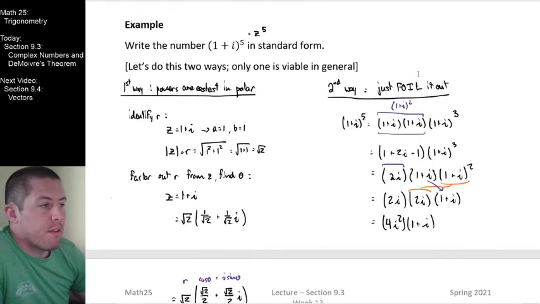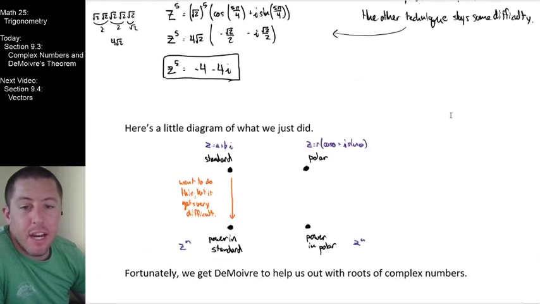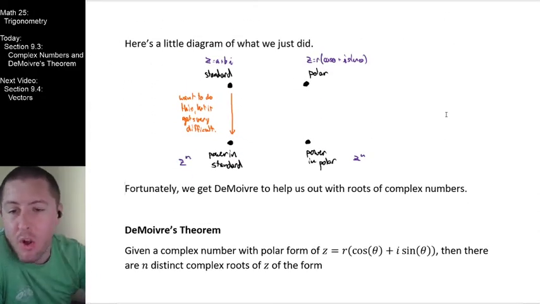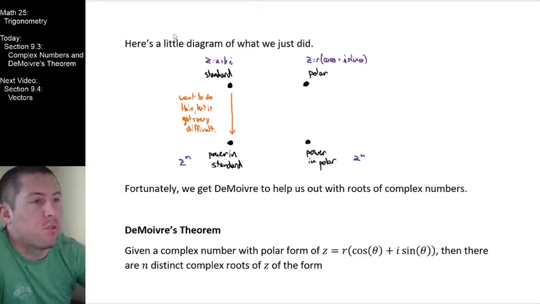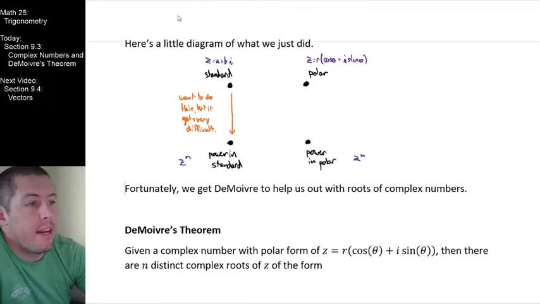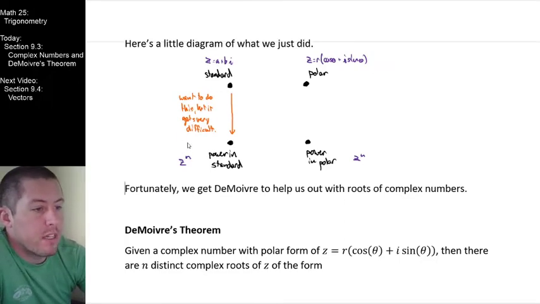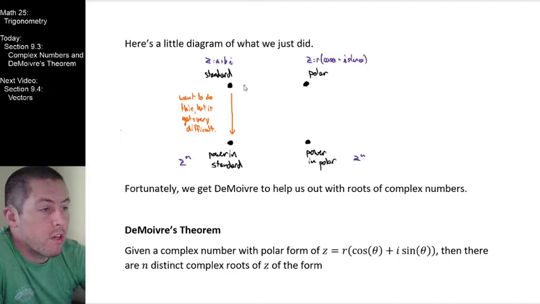Again, imagine doing the 50th power of this and imagine it being not such a nice complex number. It's going to get really, really difficult. Our goal is just to go from standard form to the power in standard form, but doing it directly is really hard. So instead, what our technique is much more generally here is to say convert to polar.